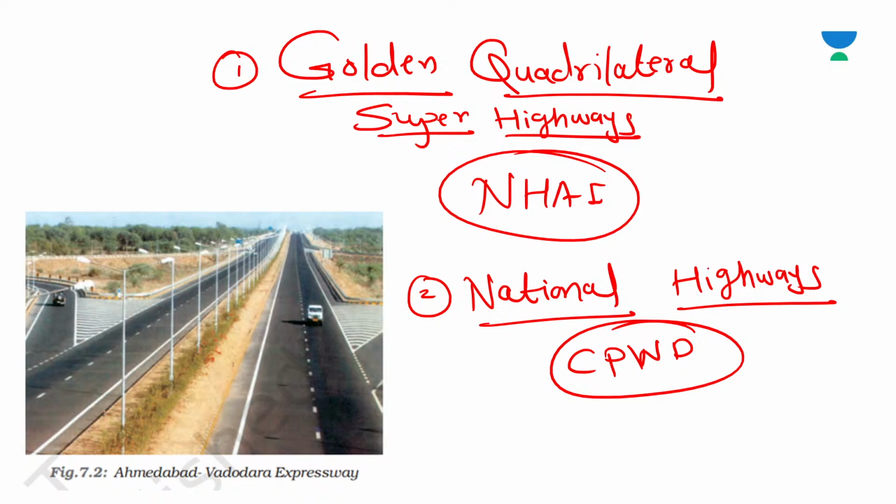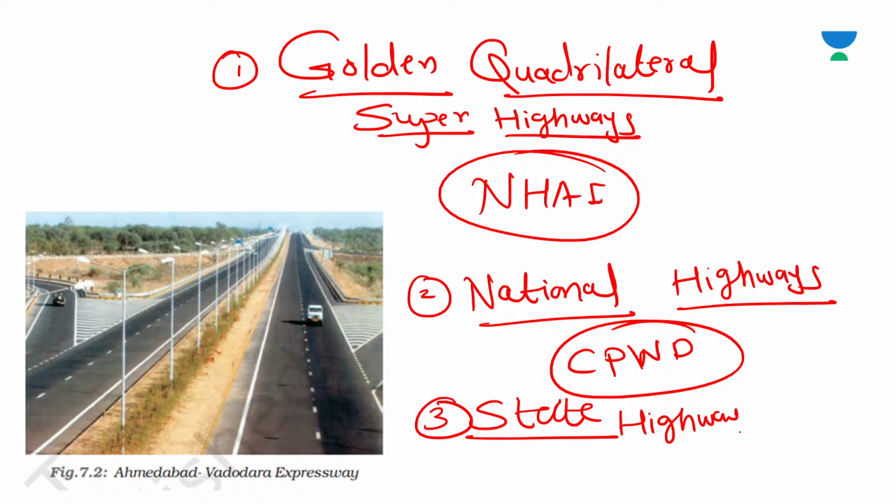So, after the national highways, third is the state highways. So, friends, roads linking a state capital with different district headquarters are known as state highways.